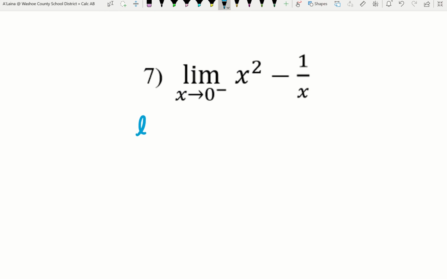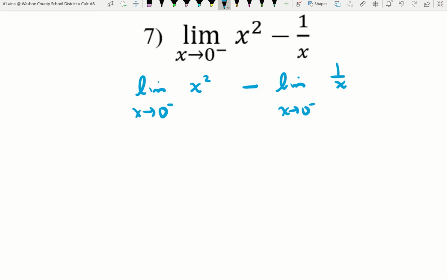I'm going to think of this as the limit as x approaches 0 from the left of x squared minus the limit as x approaches 0 from the left of 1 over x. Well, I know what x squared looks like. This is just a parabola with its vertex at the origin, and it's opening up. And so as I approach 0 from the left along the x-axis, my height is 0. So this would be 0.